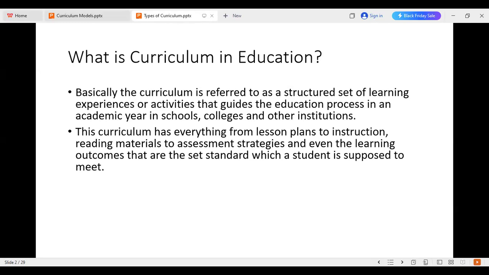Those decisions are taken when we prepare the curriculum. That's why you can think about national level curriculum.